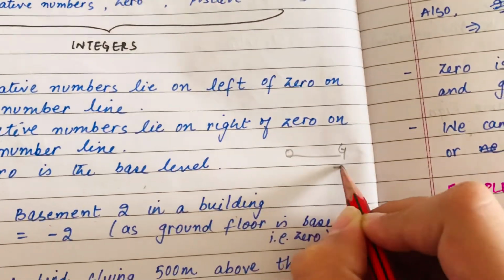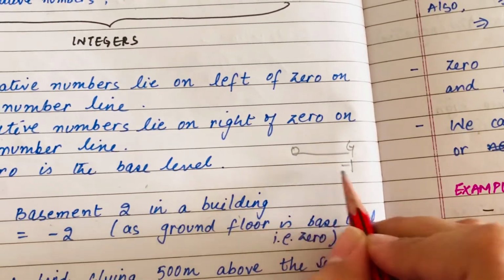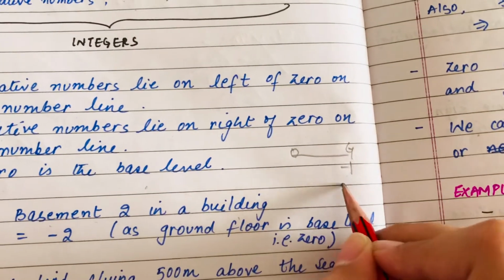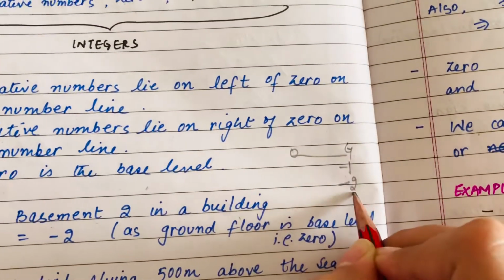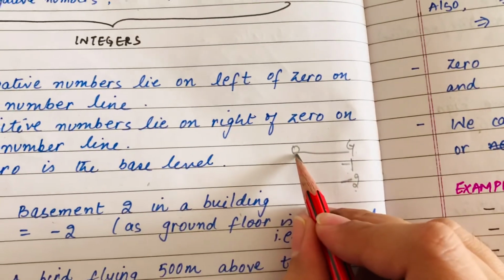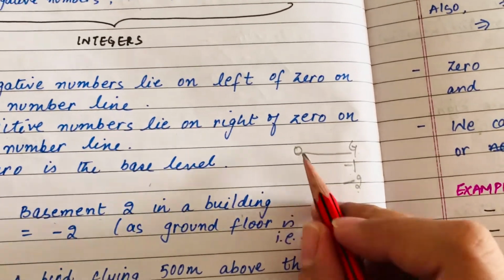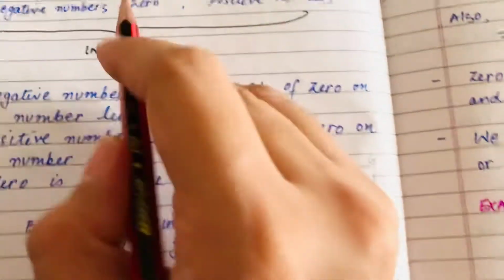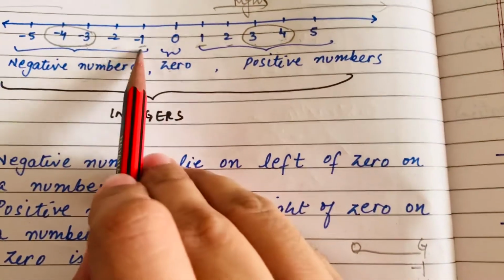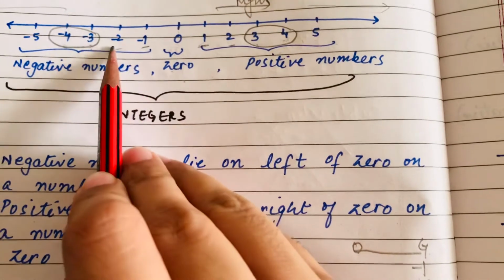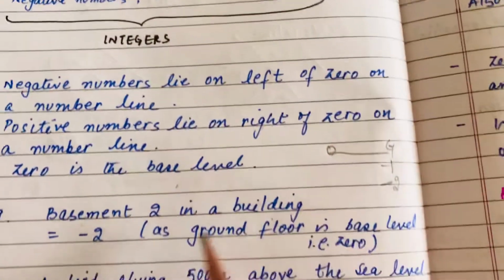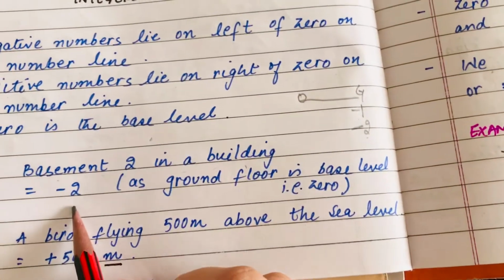If you are going to the basement, in many lifts it's written -1, have you observed? If you are going to the second basement, it's written -2. Why? Because we are going below 0, below the ground level, so below the base level, hence it will be negative. You can see below 0, the first level is -1, the second level is -2. So basement 2 will be -2.